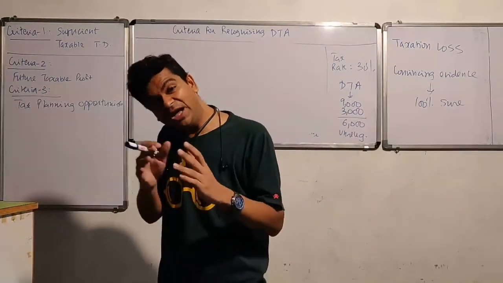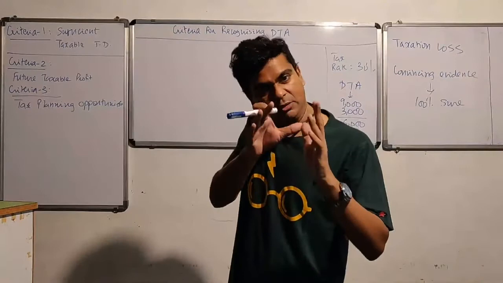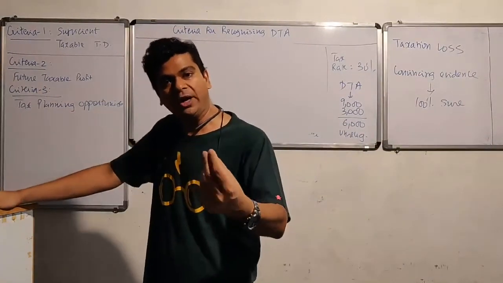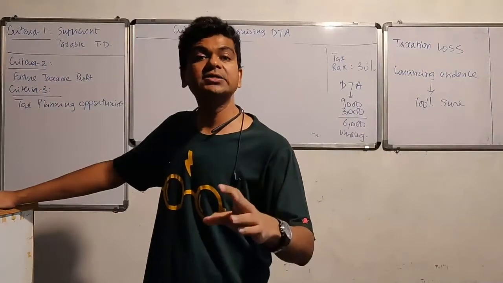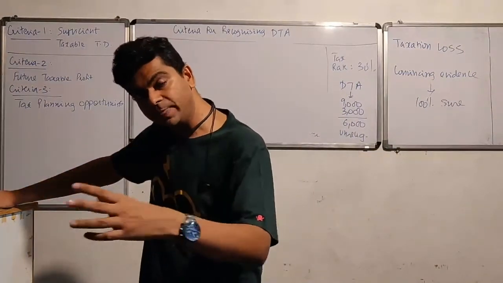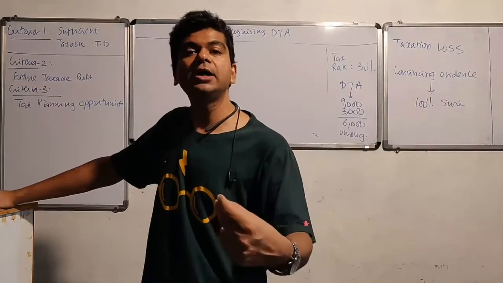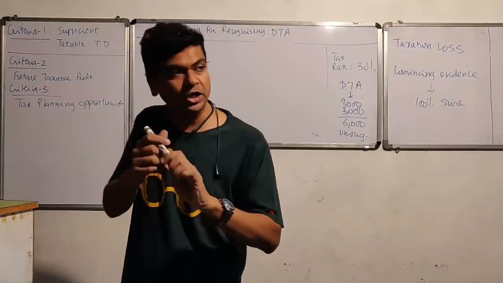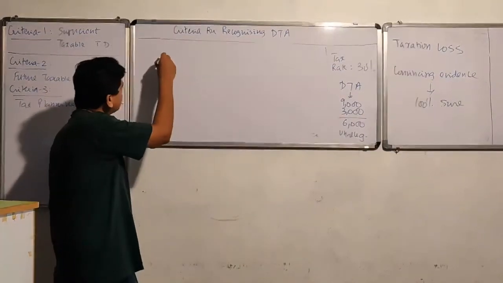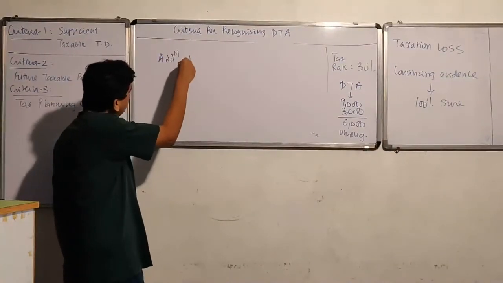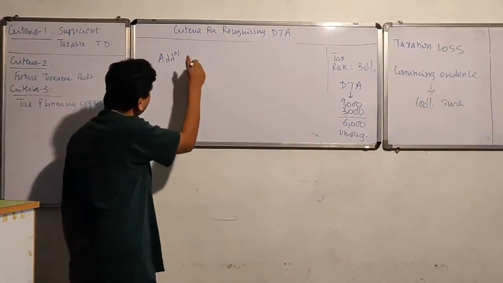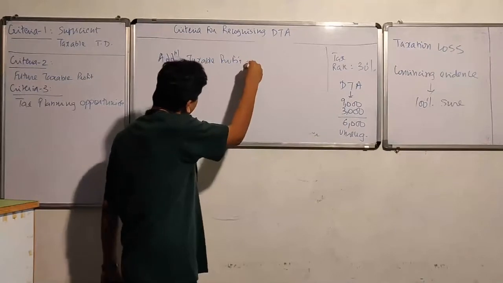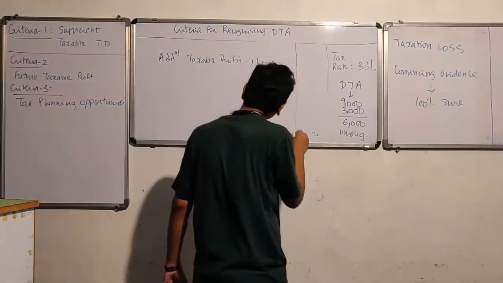Or there are certain deductions which I can defer. Let's say there are certain expenses which I don't claim as a deduction for income tax in the current year. I decide to claim those deductions in future. This may also result in higher taxable income in future. So if you are having some tax opportunity, and let us say this tax opportunity results in additional taxable profit of, let's say, 10,000 rupees.